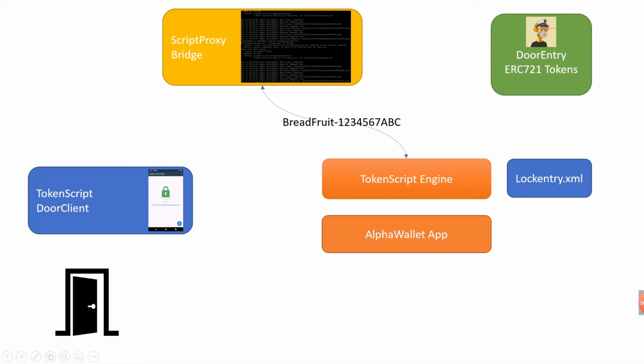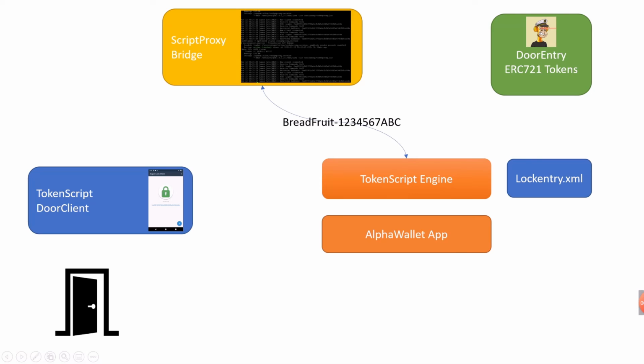So what happens next? The user opens the door entry token in his wallet, and the TokenScript engine will ask for a challenge. So it'll send a request to the TokenScript bridge saying, please give me a challenge. The TokenScript bridge just forwards that to the target address, which will be the TokenScript door client.